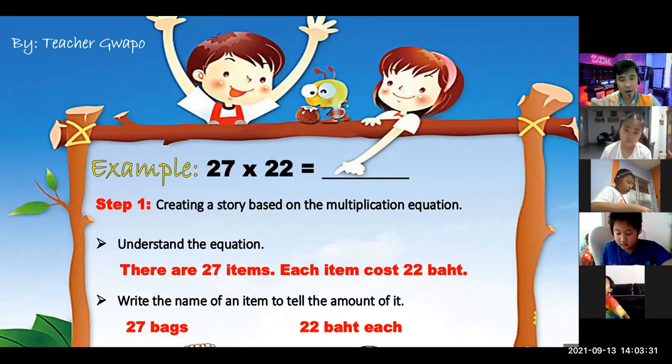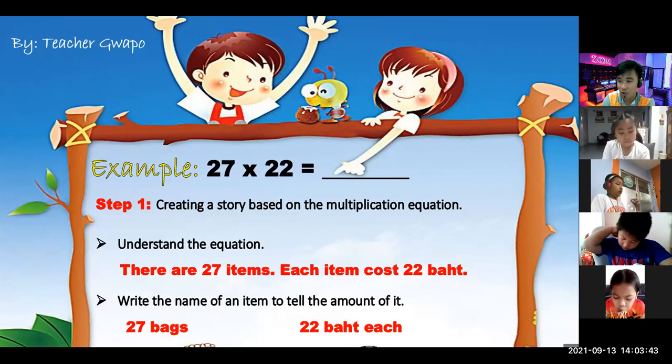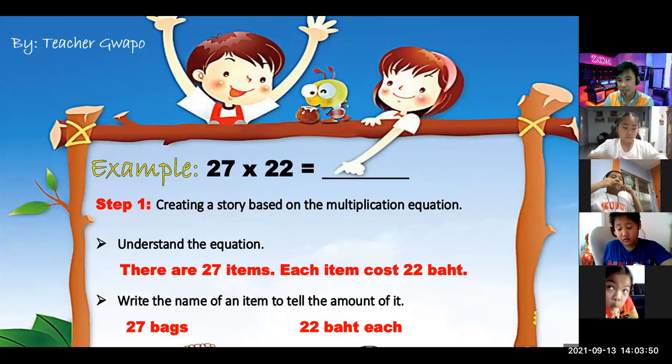Let's say there are 27 items, 35 items, 45 items, 75 items, something like that. And each item is worth 22 baht, or 42 baht, or 27 baht.